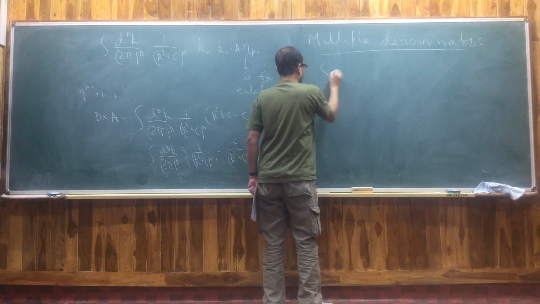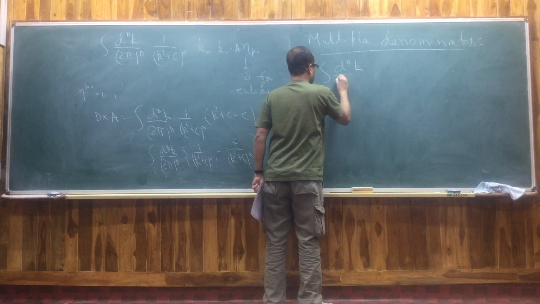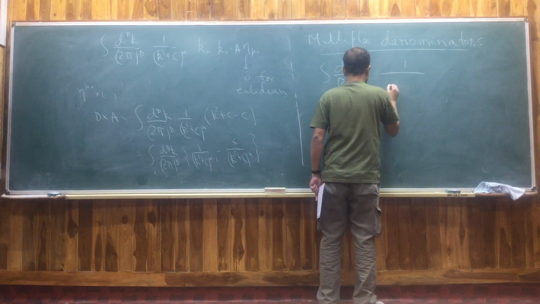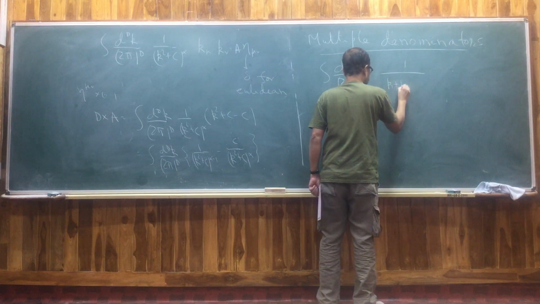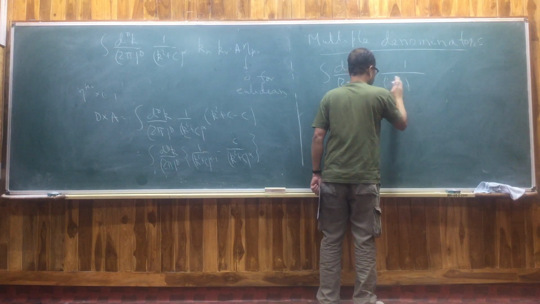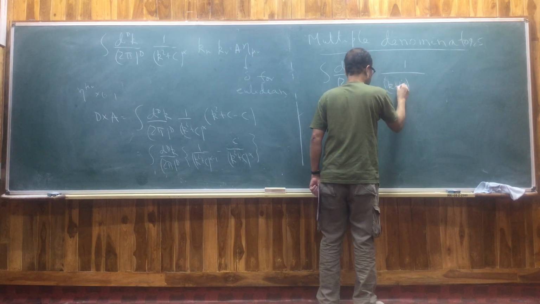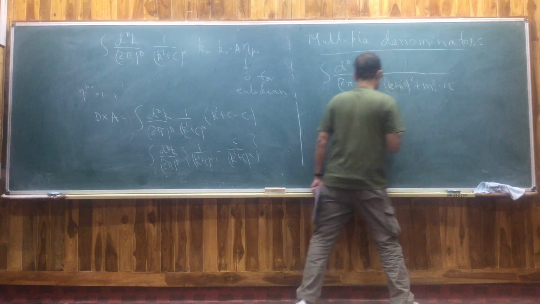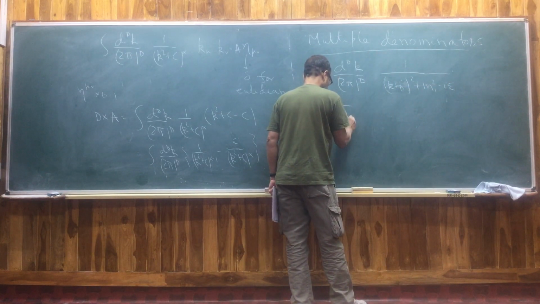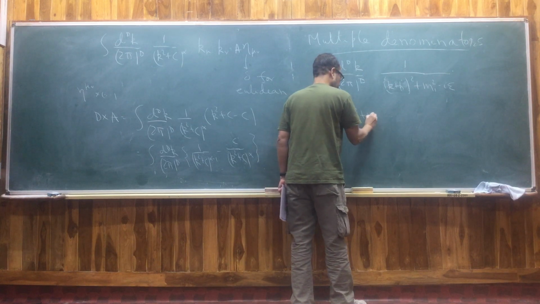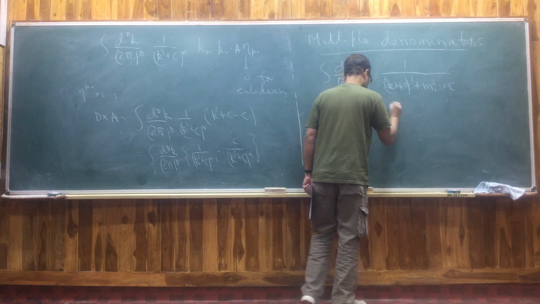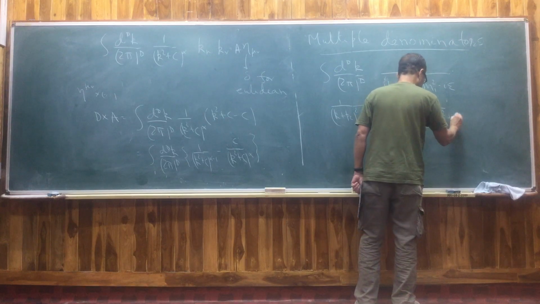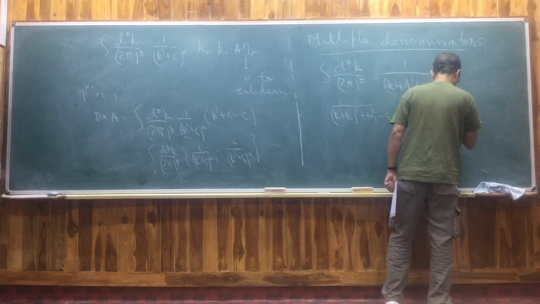Typically you have an integral of the following form: d^dk over (2π)^d, and then 1 over, say, (k+a)² + m1², times (k+b1)² + m2², and so on.